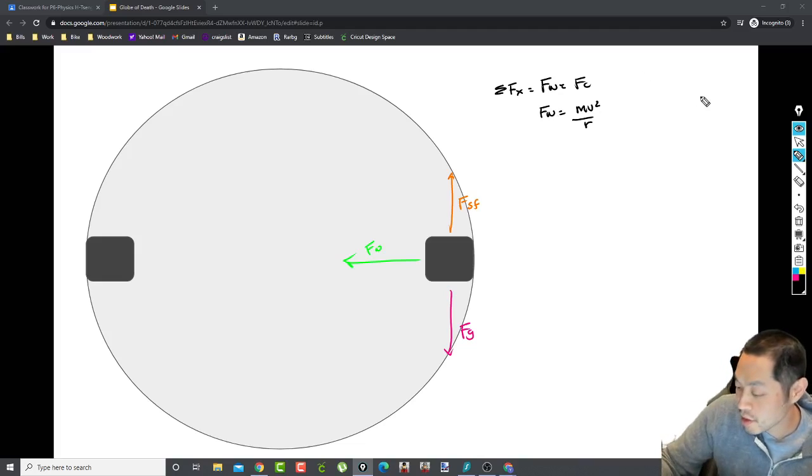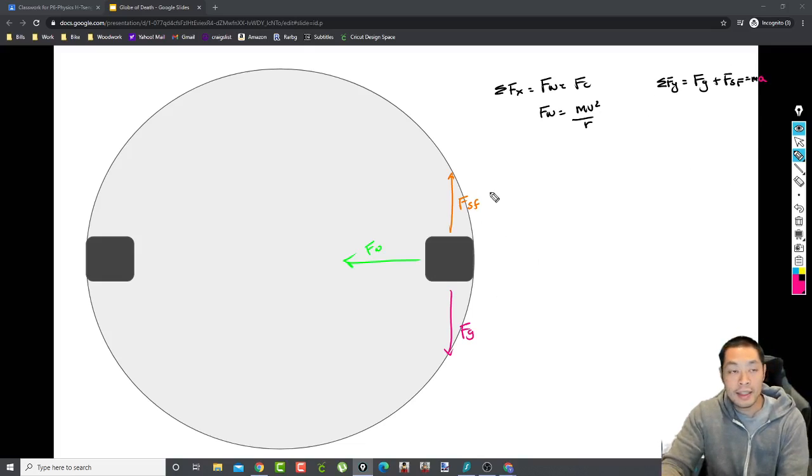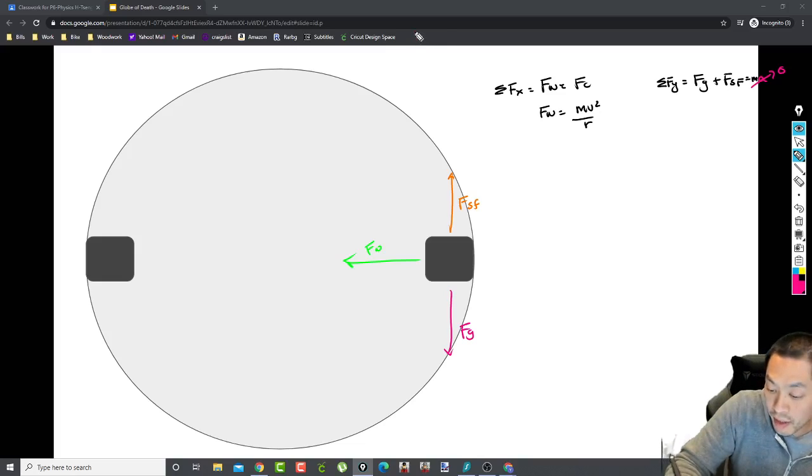If we look at the other side, sum of all forces in the y direction, you still have Fg plus force of static friction is equal to, I'm going to run out of room, but let me change the color, ma. Now, you might not think this is significant, but if this doesn't equal 0, the rider is going to go up or down, but we want to make sure they stay in the middle, so that's why a is equal to 0.